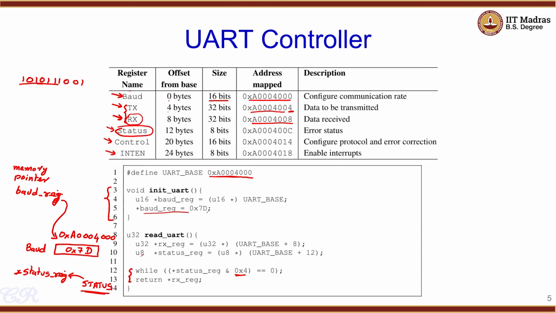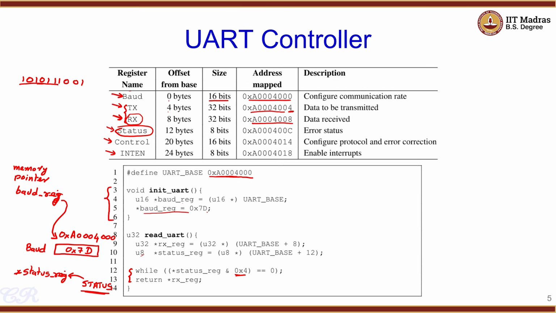And within the status register, we are ANDing with 0x4, right? The reason we are doing that is that the least significant bit is the 0th bit, and from there, the second bit essentially indicates whether some data is being stored in the Rx register or not. So when the UART controller receives data through the serial interface, it stores it into the Rx register and sets the second bit in the status register, right?